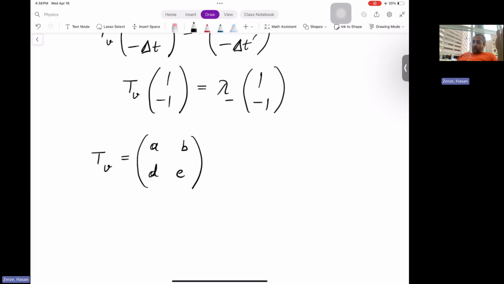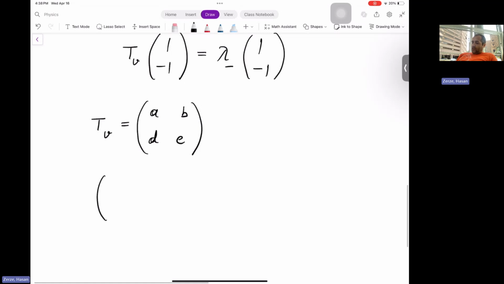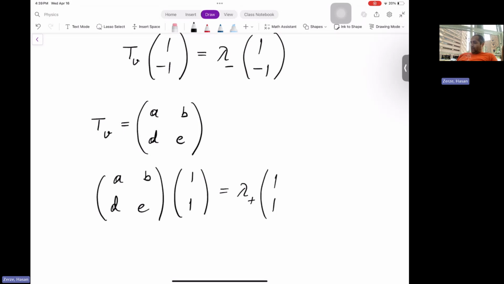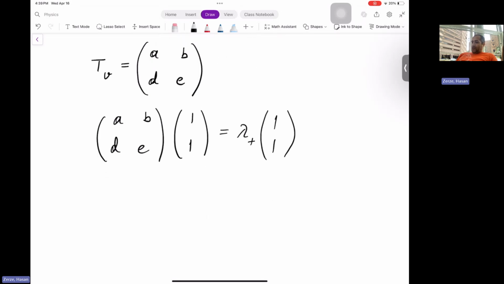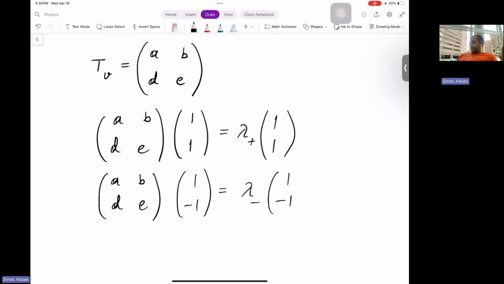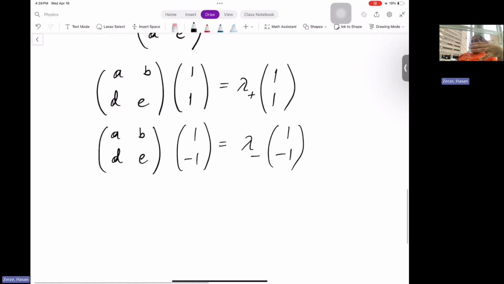And one clue we obtained is actually 2 eigenvectors. So I'm going to make use of it, and I'm going to say the matrix (A, B; D, E), if I operate on (1, 1), I will get lambda plus times (1, 1). That's my first equation. And then my second equation is the matrix (A, B; D, E) acting on (1, -1) gives lambda minus times (1, -1). Right now, I'm saying nothing about how lambda plus is related to lambda minus.